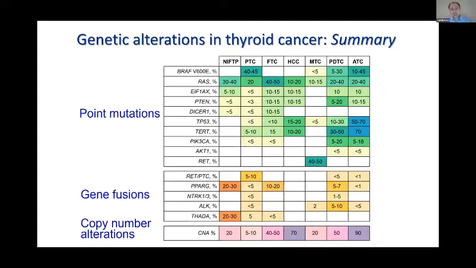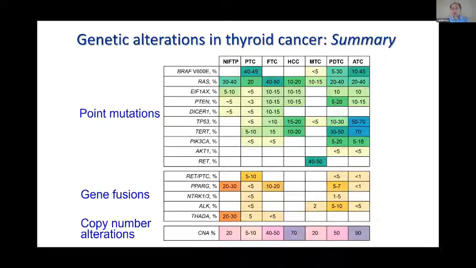So to summarize, when we look today in 2022 at thyroid cancer, at differentiated thyroid cancer, and when we look at 3 types of events, at point mutations, at gene fusions, and at copy number alterations, we pretty much can cover most of the tumors in this category, at least of well-differentiated thyroid cancer.